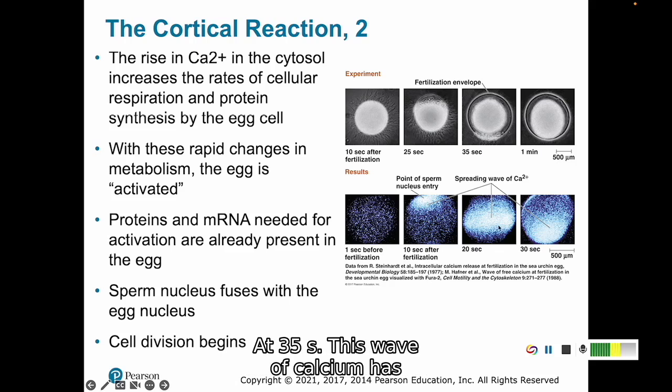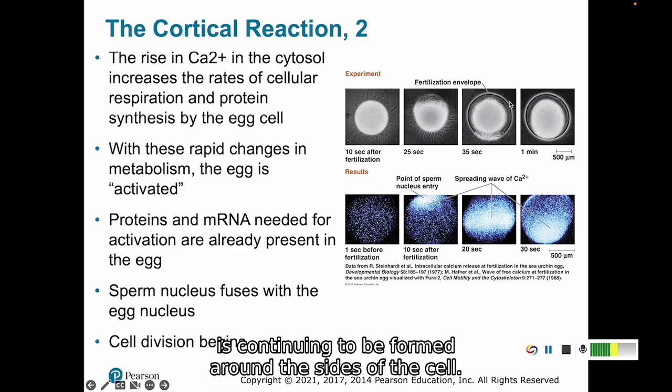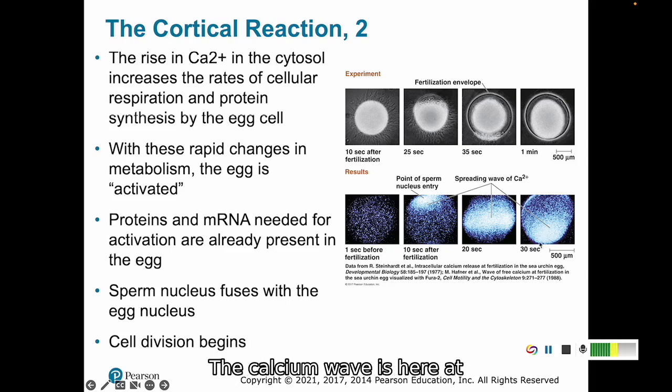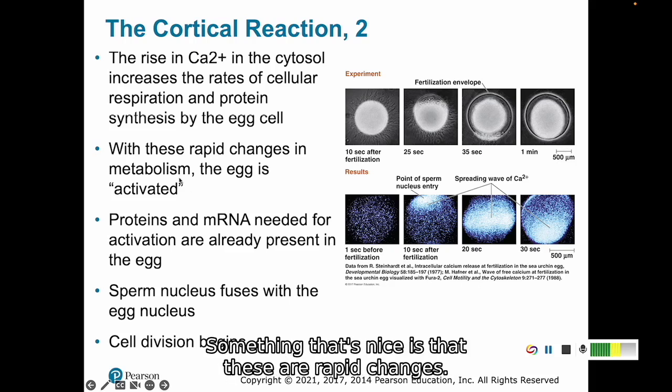At 35 seconds, this wave of calcium has spread throughout the sides of the cell. And you can see the fertilization envelope is continuing to be formed around the sides of the cell. At 30 seconds, the calcium wave is here at the other opposite pole of the egg cell, and the fertilization envelope is being formed here. Something that's nice is that these are rapid changes.